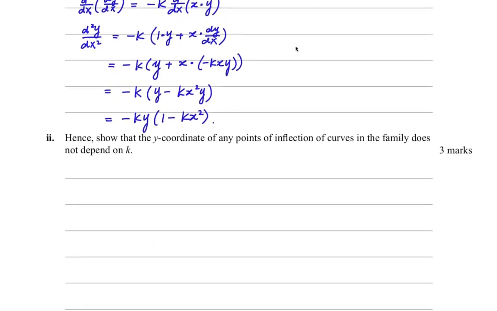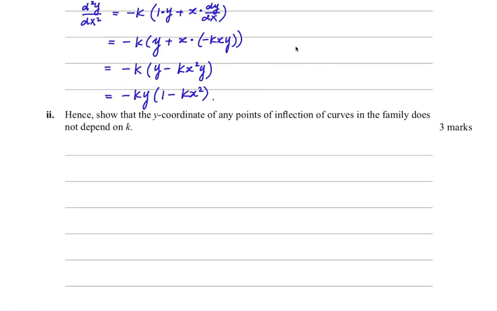Hence, show that the y-coordinate of any points of inflection of curves in the family does not depend on k. So for inflection points, d2y dx squared equals minus ky times 1 minus kx squared equals 0.